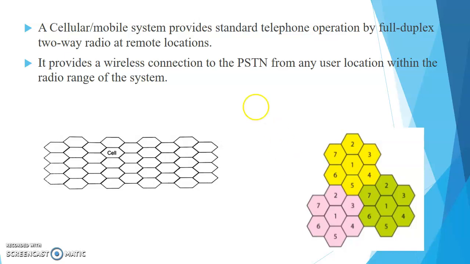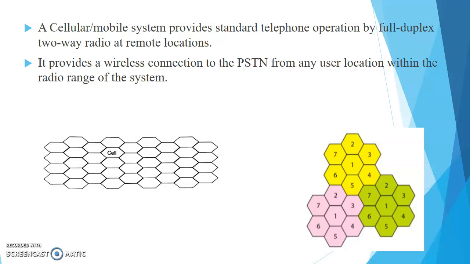Here a cellular system or mobile system provides standard telephone operation by a full duplex two-way radio at remote locations. That is, at a particular location we are going to do two-way communication. Full duplex is a type of communication in which data can flow two ways at the same time. The cellular system will provide the wireless connection to the PSTN.